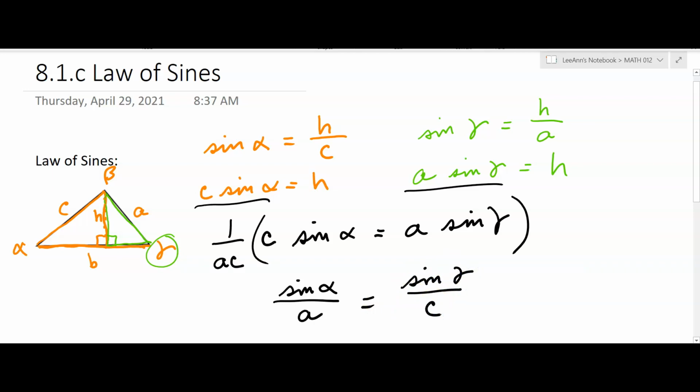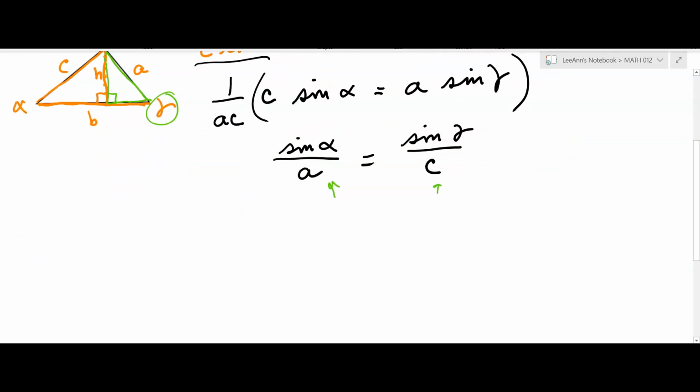Notice that on the left you have alpha and a, the angle and the side across from it, and on the right, the same thing, gamma and c. You could do this again with a different altitude and come up with beta, but these are all going to be equal to each other.